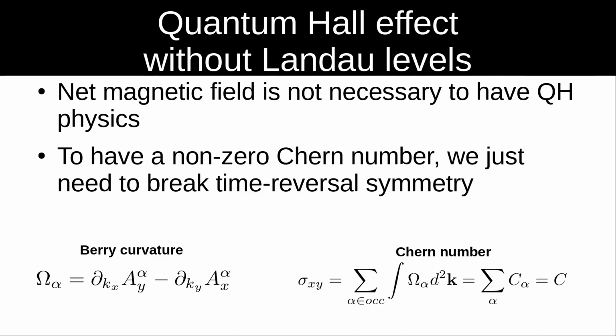Of course, to have quantization of the Hall conductance, we do not need Landau levels. We could have a very special electronic structure that has bands, that breaks time-reversal symmetry, because of course, to get a quantum Hall conductance, we need to break time-reversal symmetry, but it doesn't have a net magnetic field. And the idea is that you can take some bands, and those bands may have some finite Berry curvature, and when you integrate the finite Berry curvature, you get a finite Chern number, and this finite Chern number is essentially the one that gives rise to your quantized conductance.